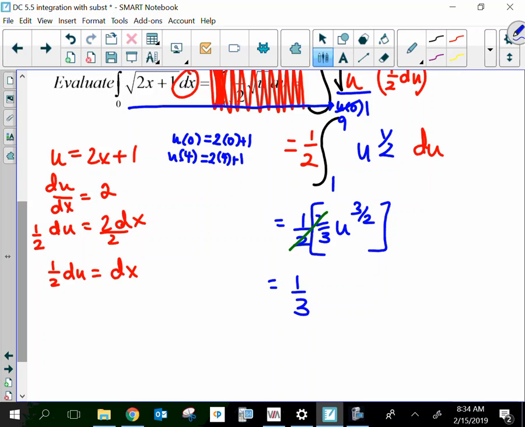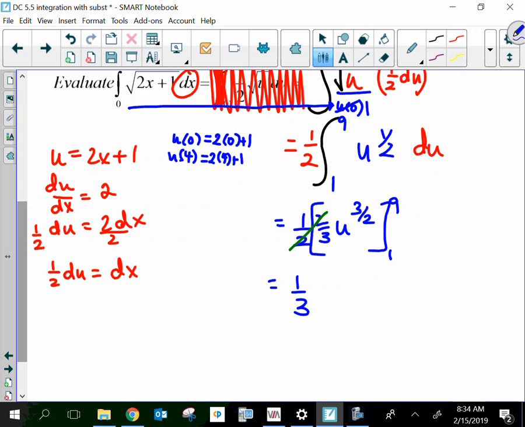Now, notice I didn't do the C. We don't have to do C on definite integrals, right? But I do have a 1 and a 9 that I should put up there. That reminds my brain that, oh wait, I've got to plug those in now. Notice we're not going back to plug in our x. We're just going to plug in our new limits, 1 and 9.